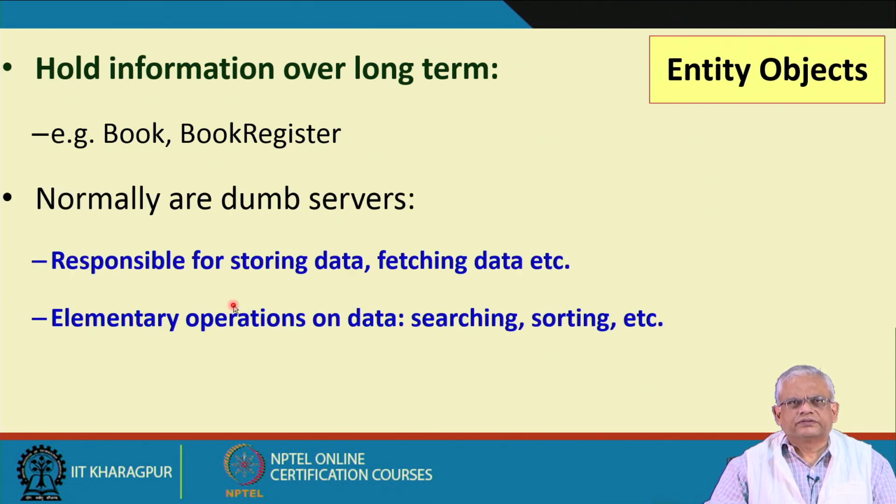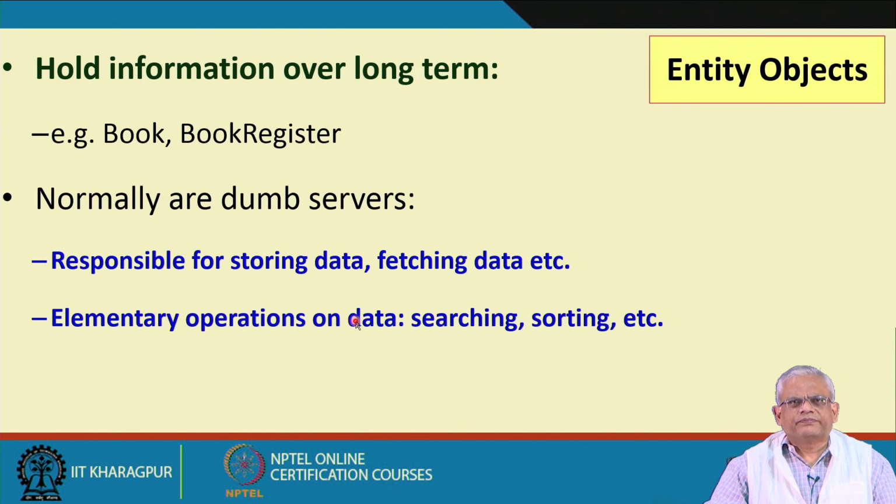Similarly, the book register. One thing to note is that these entity objects store data, and on query return data and support things like searching, sorting, etc. But the main purpose is to store data.